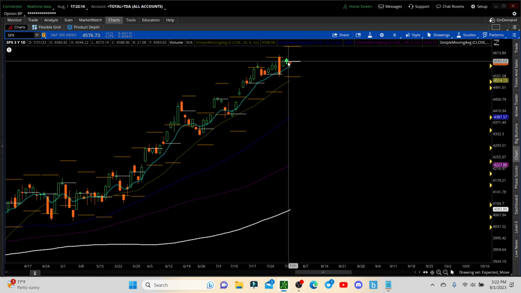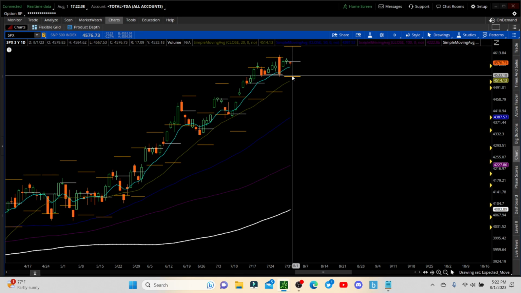Usually it's a good time to take off some risk if we do make it to that point. If you're playing puts and you get down to this point, it's a good time to take off some risk because it's unlikely that the market will push much lower through it.